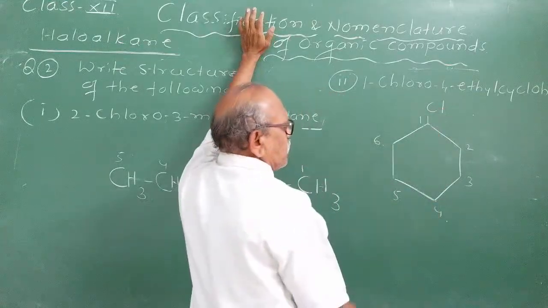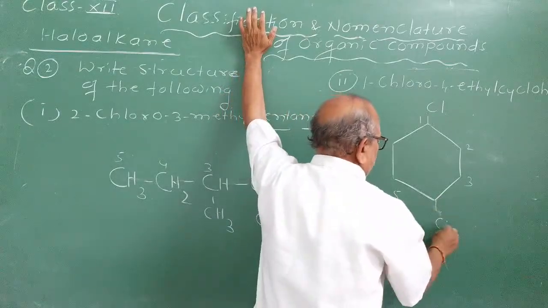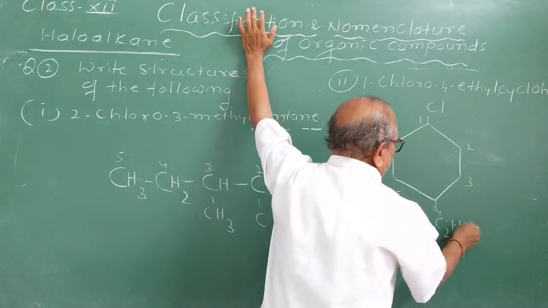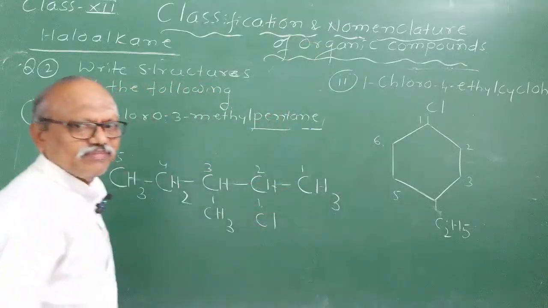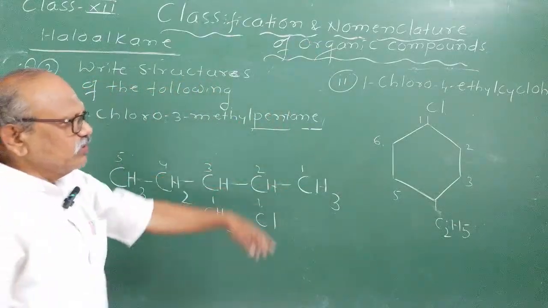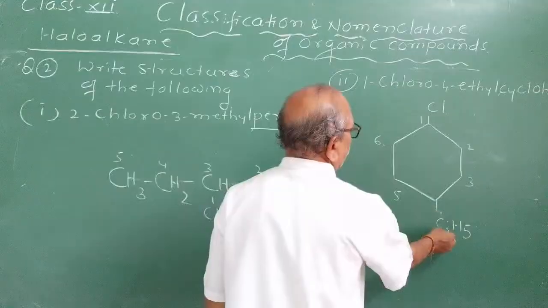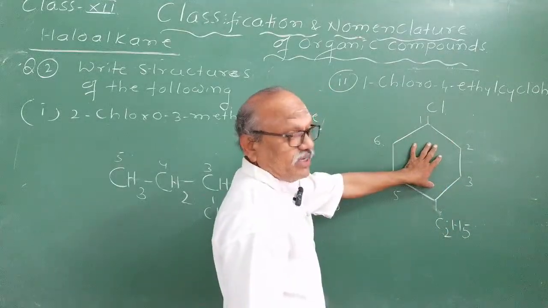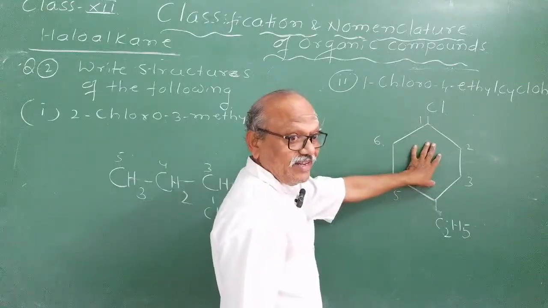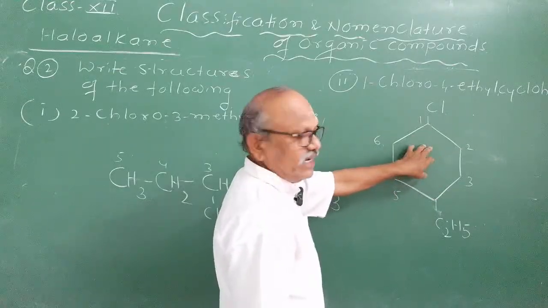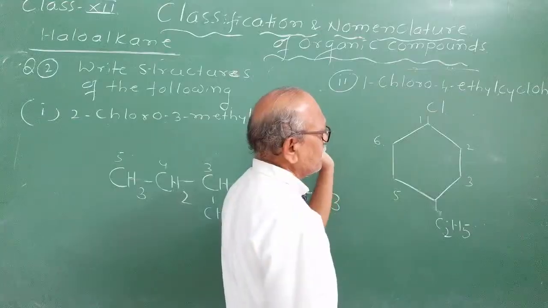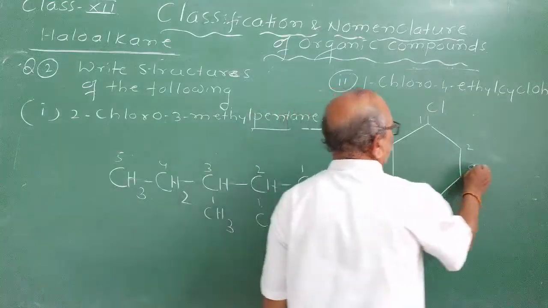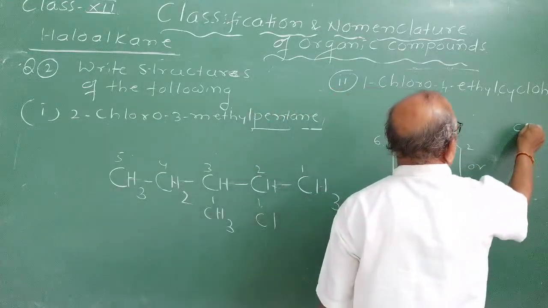To the fourth carbon atom, you write the ethyl group, which is C2H5. 1-chloro, 4-ethyl cyclohexane. Don't write double bonds here. It is an alkane made into the form of a ring.